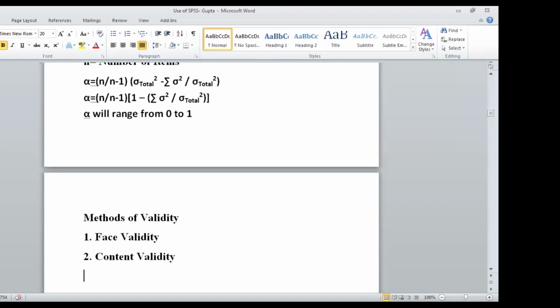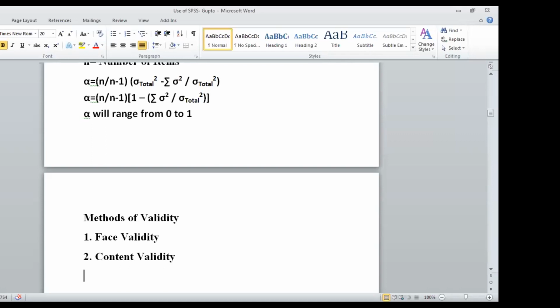I told you, during the development of the tool, after writing the items, you have to give the items to the experts. Each expert will evaluate the item and say whether the item is to be rejected or not to be rejected.